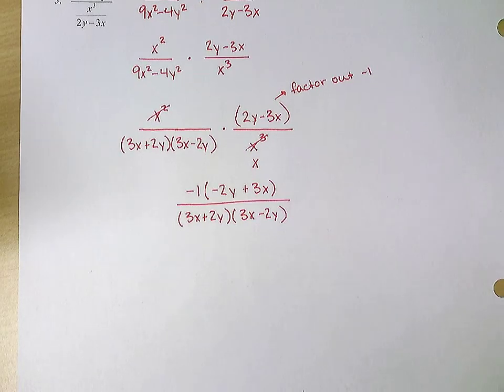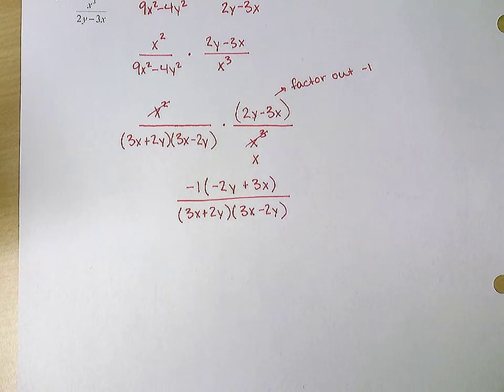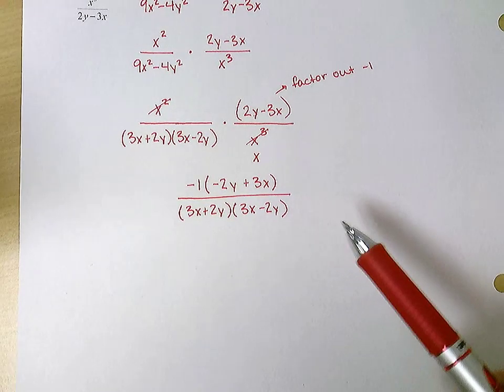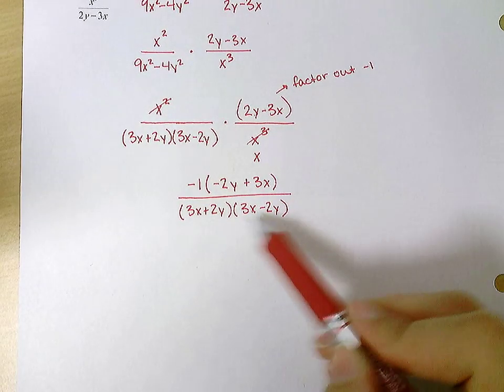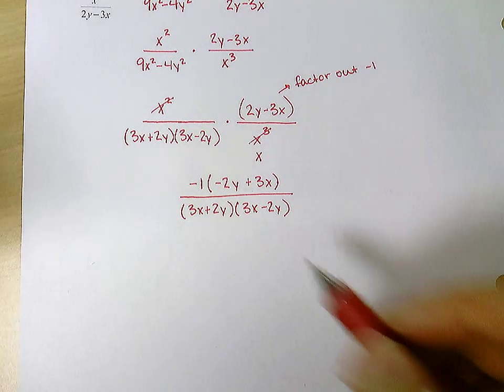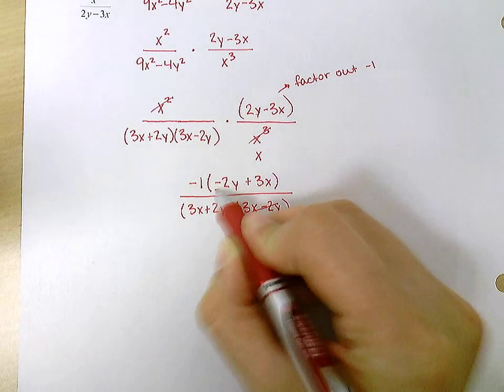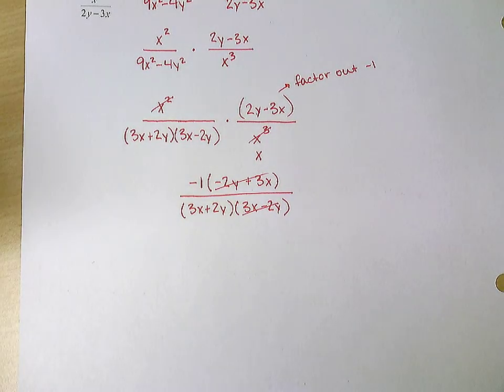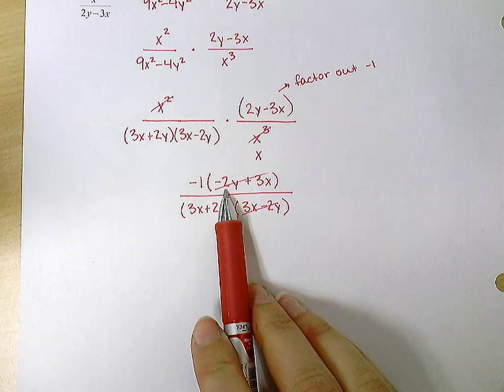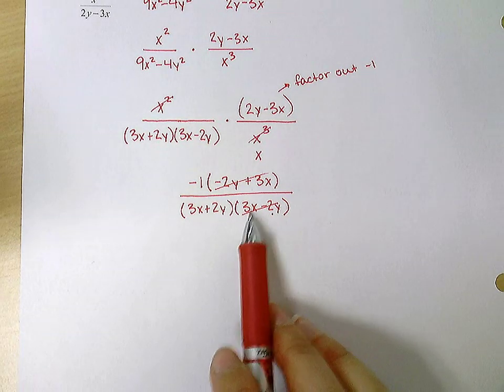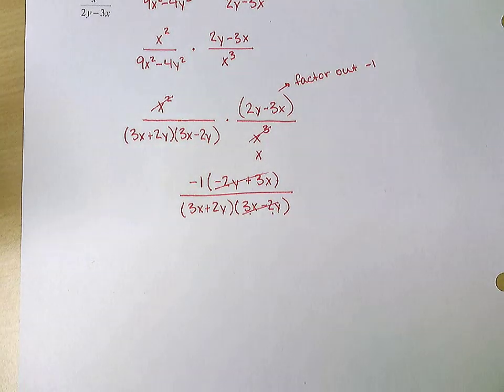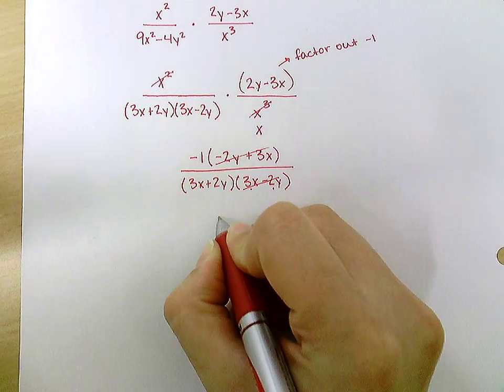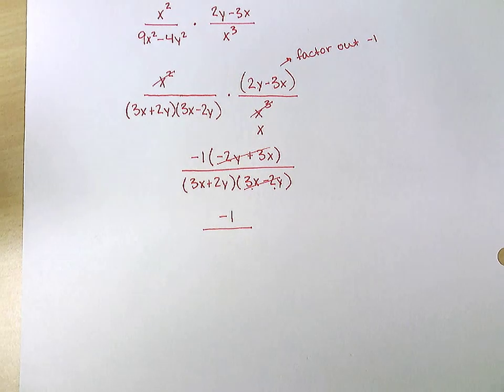Now which ones cancel? The top one, and then which one of these two? Oh, the bottom one, the bottom right. Okay, so I have a -2y, positive 3x, positive 3x. So then I'm left with -1 over, do not forget the -1.